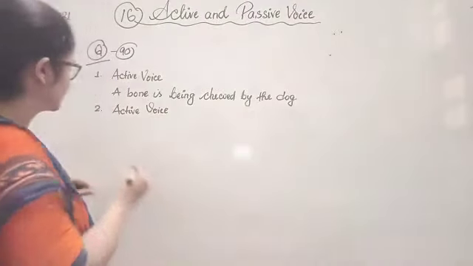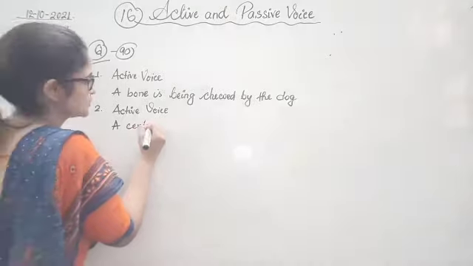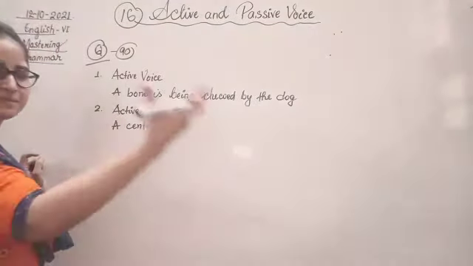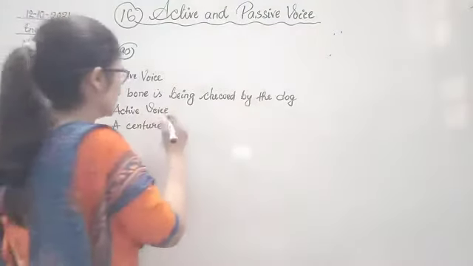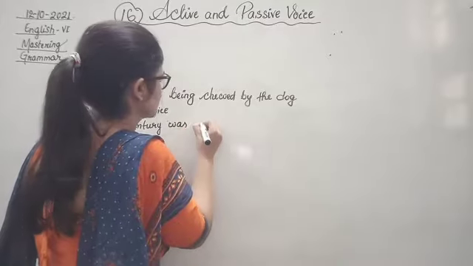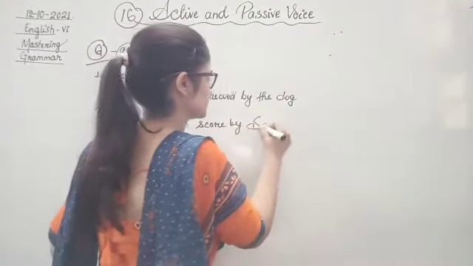A century, because scored, children, is in simple past. So we will change it like was plus past participle form. A century was scored by Sachin Tendulkar.